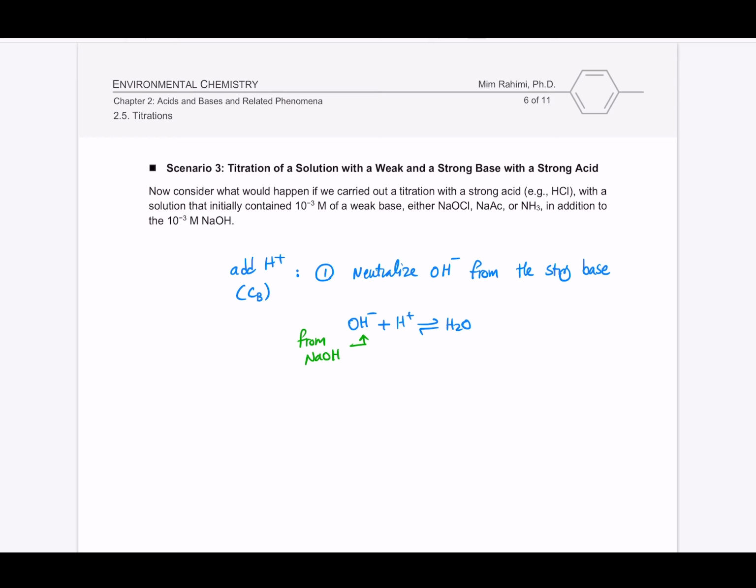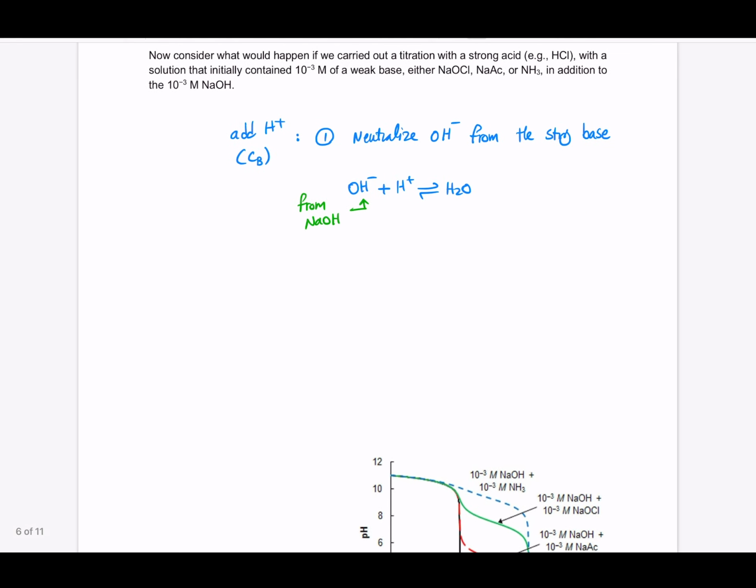This is not a sequence. It might happen at the same time. So what's the other source of consumption of that proton? Exactly. So it protonates the weak base, or weak acid or base, depending on how we're looking at it.